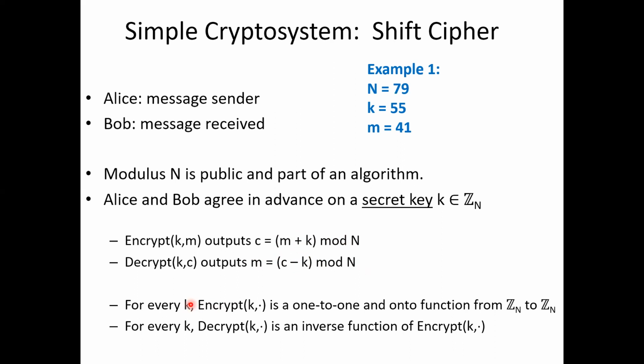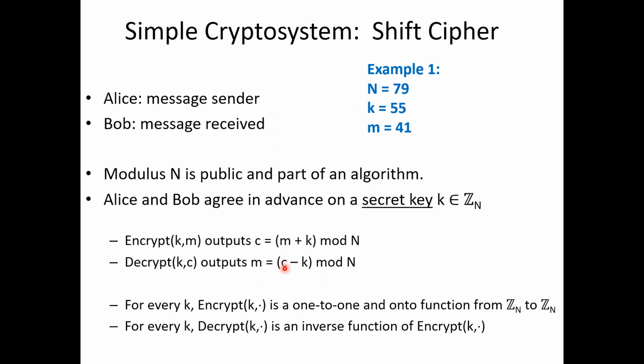And note, for every key, this encryption function is a one-to-one and onto function from Z_n to Z_n, right? It's one-to-one because if I take 2 messages, 2 Z_n numbers, and add the same integer to them, I get different numbers from Z_n. In fact, that's because the inverse function exists, and this is the inverse function.